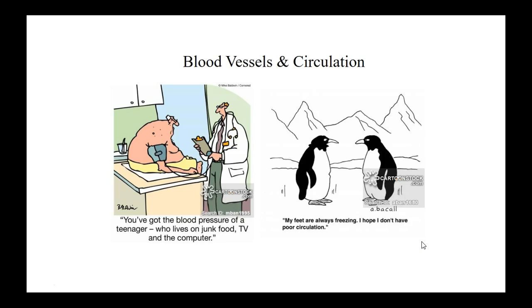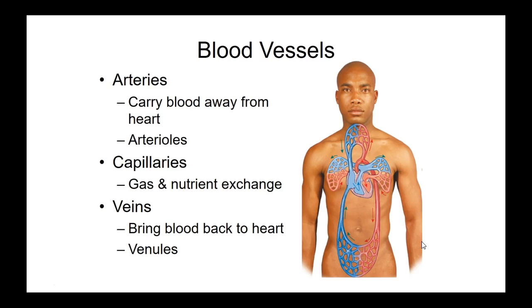All right? Okay, blood vessels and circulation. I'll give you an introduction here, and then, like I said, we'll skip over capillary exchange and revisit that on Monday, because I want to talk a bit about what influences blood pressure. Now, some definitions. Arteries carry blood away from the heart, veins towards the heart.